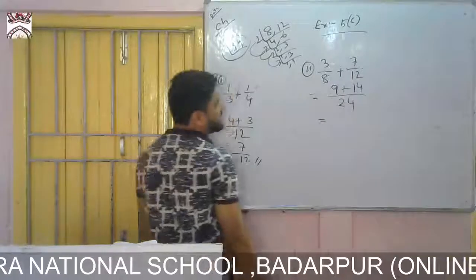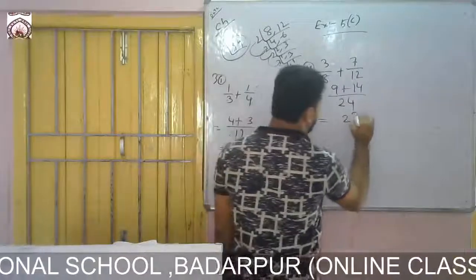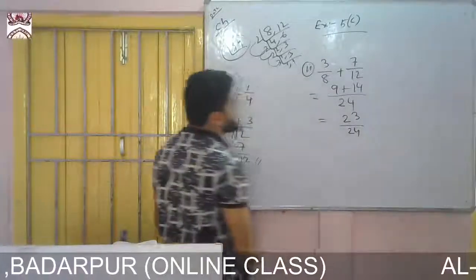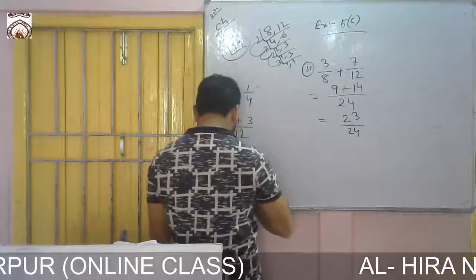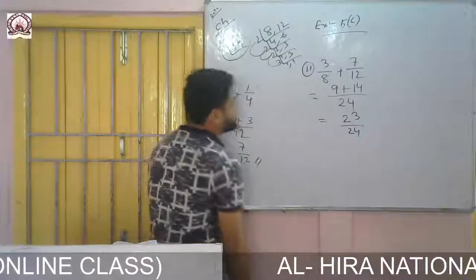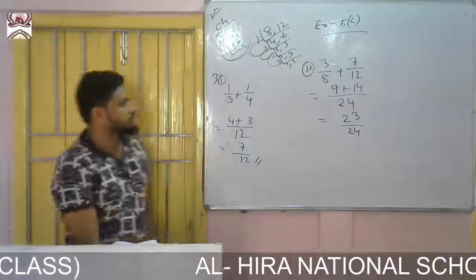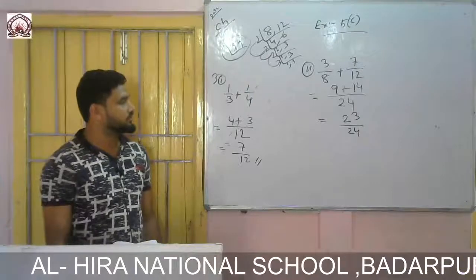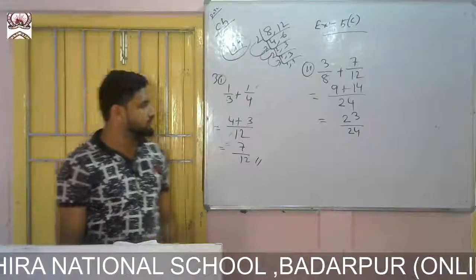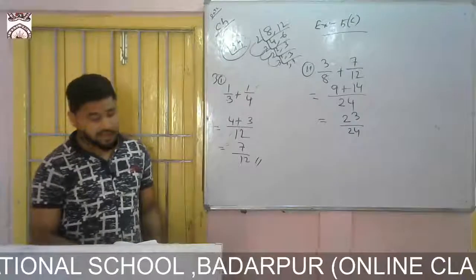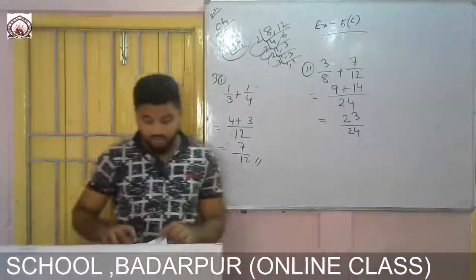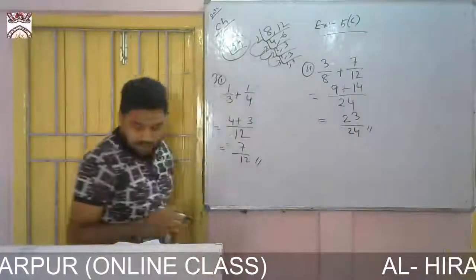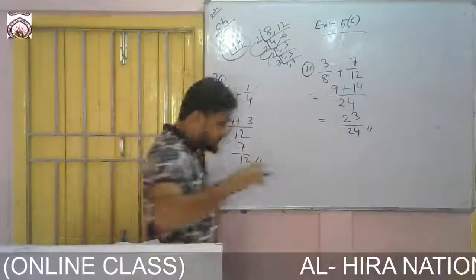Now if we add it, 14 plus 9, it will be 23 by 24. So 23 by 24 is the required answer. You cannot divide further, so that is the answer.